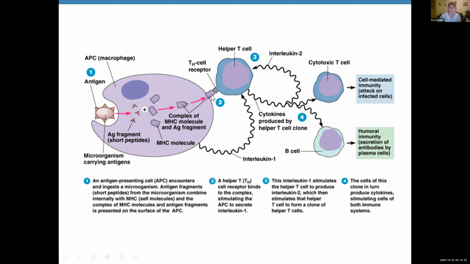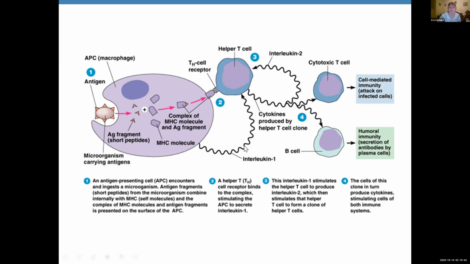So this is the MHC antigen complex, and this cell is called an antigen-presenting cell. Now this macrophage is going to move to lymphoid tissue and activate helper T cells, or CD4 cells.